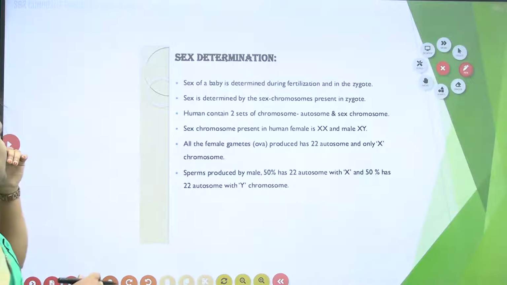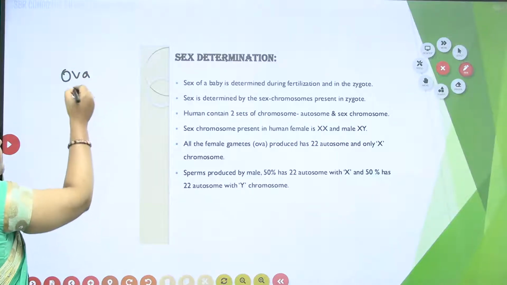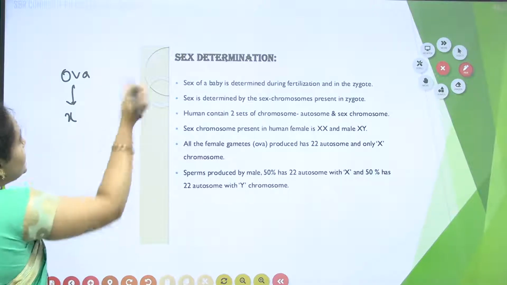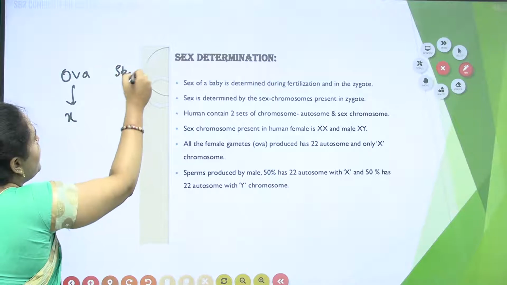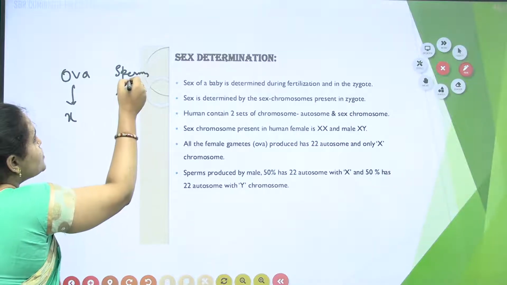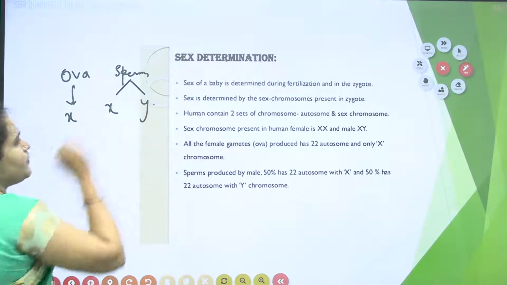Okay, see, the gametes produced by the female will be having only X chromosomes, whereas the gametes produced by the male will be having X and Y chromosomes.